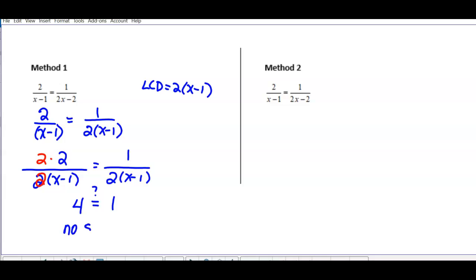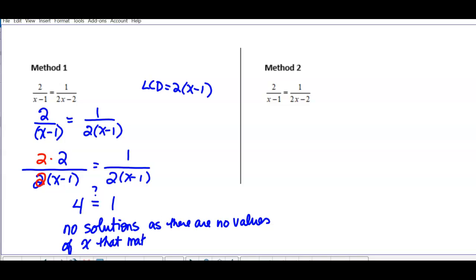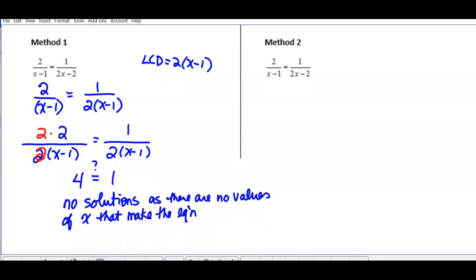So this has no solutions, as there are no values of x that make the equation true. 4 is never equal to x. Sorry, equal to 1.